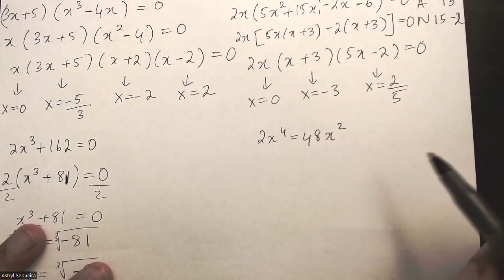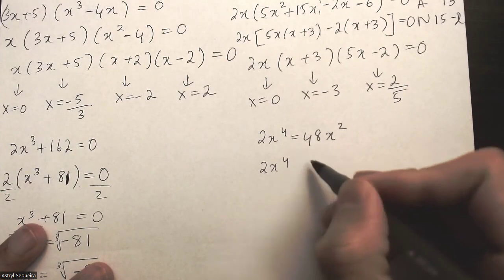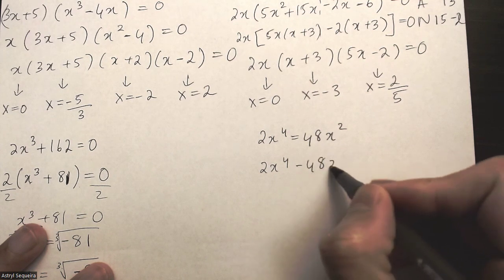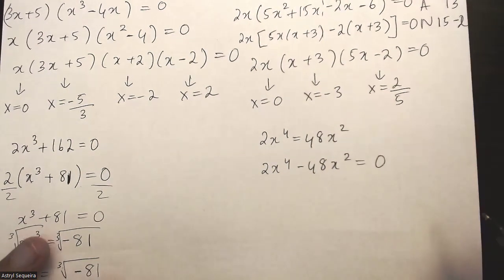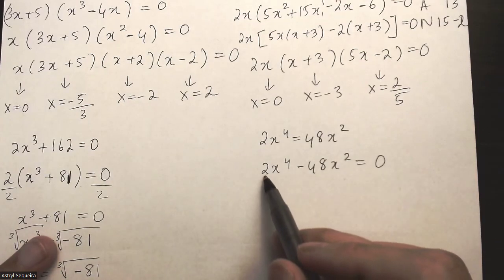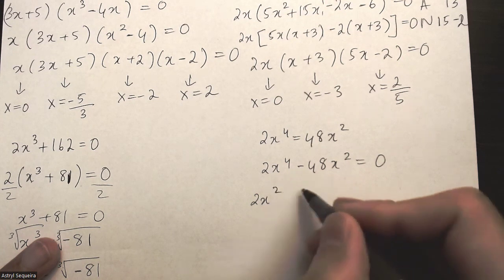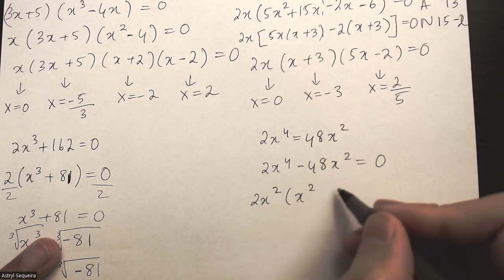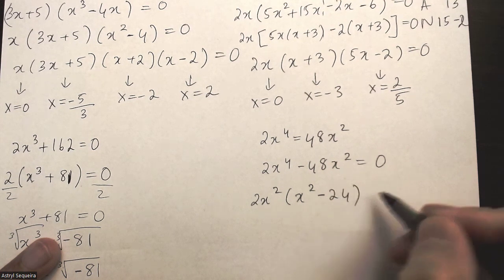And let's go to the last question of this video. Again, I'm going to move this term to the other side to begin with. Then I'm going to just common factor out 2x squared, and I'm left with x squared minus 24.